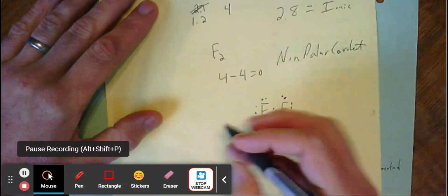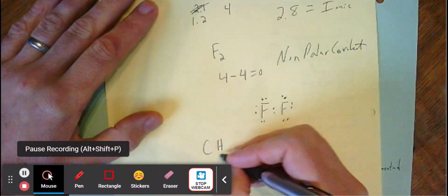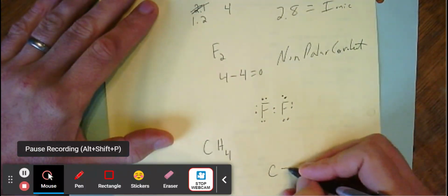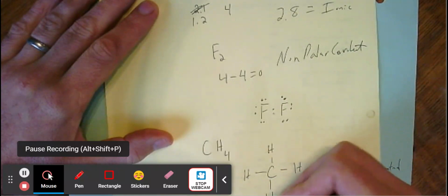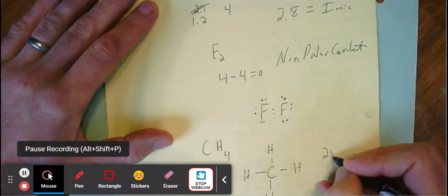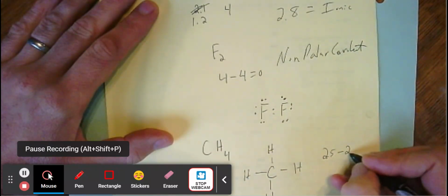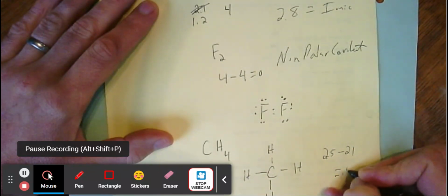All right. Now I want to talk about one bond in particular. That's this bond, the carbon-hydrogen bond. 2.5 for carbon minus 2.1, that's a 0.4 difference.